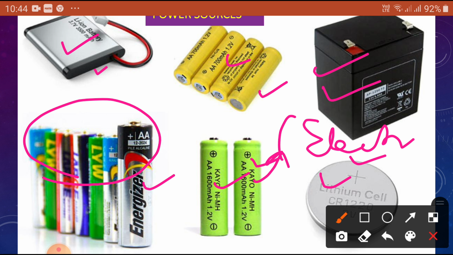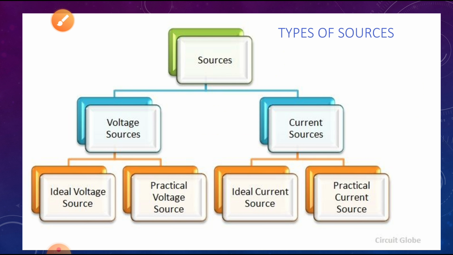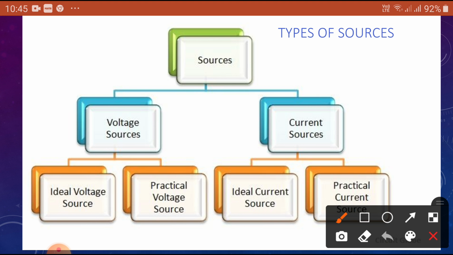Now let us classify the energy sources based on electrical circuit operation. So let us see the types of sources. The sources are mainly classified into two types: one is a voltage source and the other a current source.